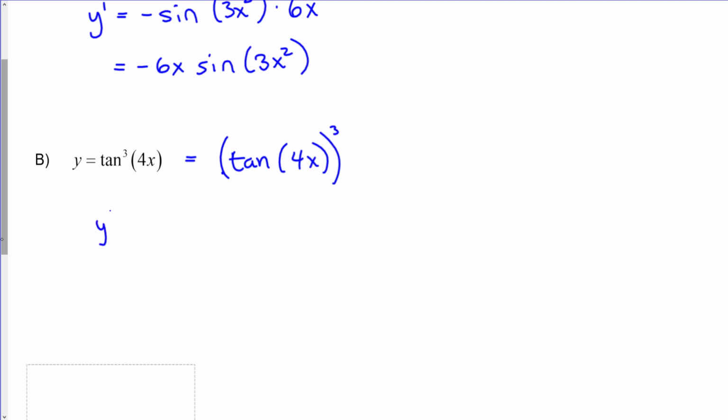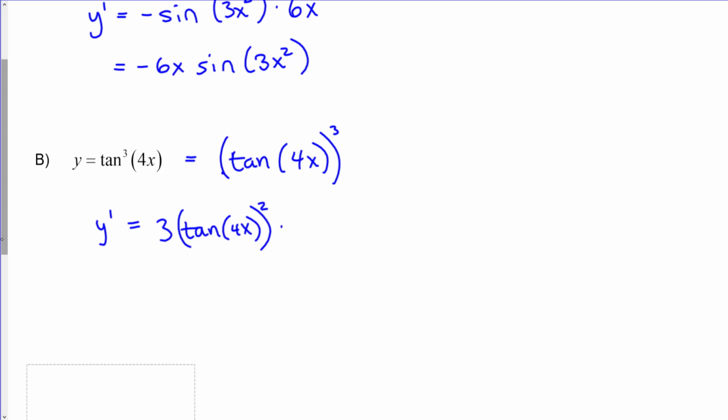Now when I do the derivative of that, the first thing that I have to handle is the cube. That's an outer function which uses the general power rule. So bring that down. So it's 3 times the inner function, subtract 1 from your exponent. So that's 3 tangent of 4x quantity squared.